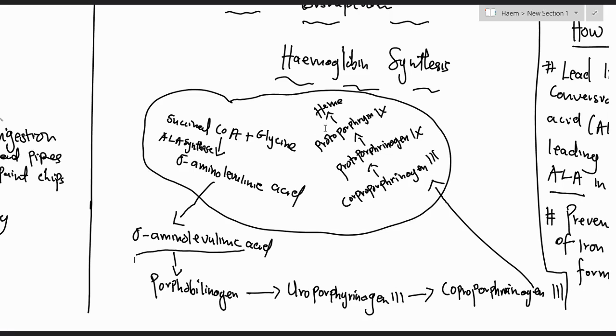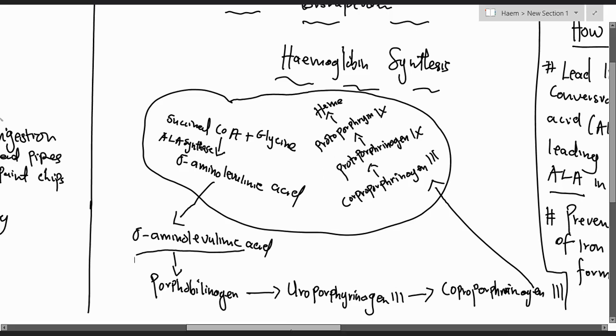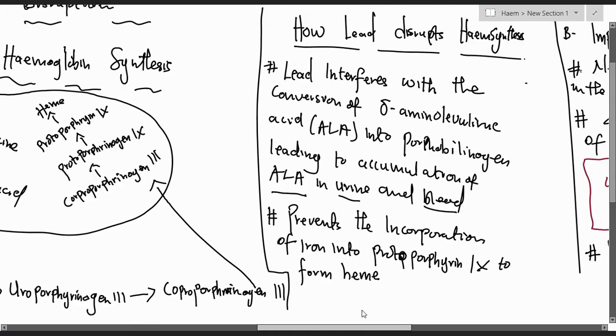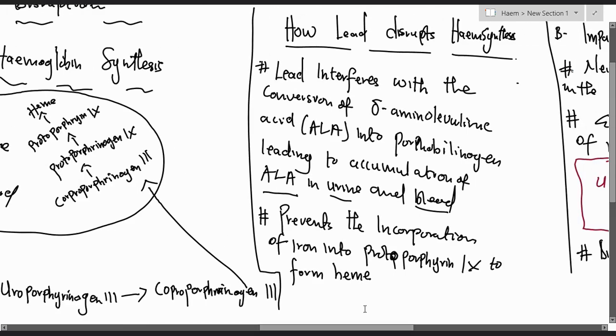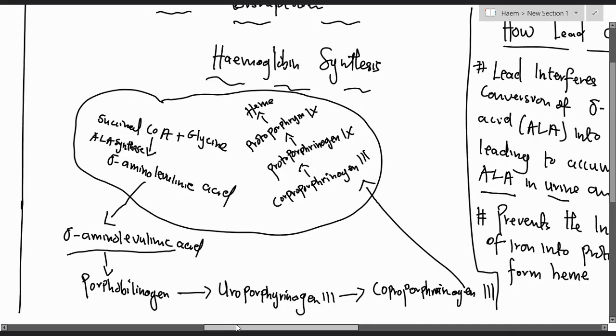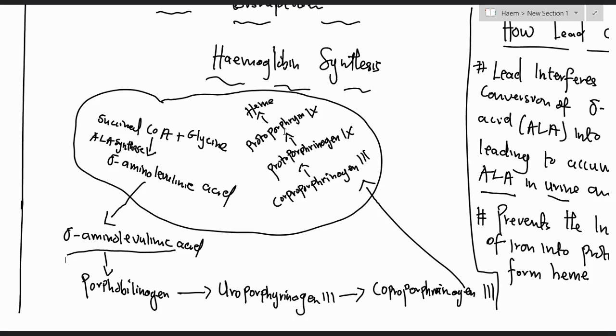Then the second thing it does is that it prevents the incorporation of iron into protoporphyrin IX to form heme. Now, this is what happened, as I said earlier. Protoporphyrin IX combines with iron, Fe2 plus, then it forms the heme.